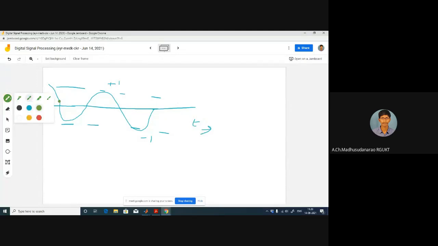I will try to sample this at regular intervals. For example, I will sample this as follows. These are my samples at uniform intervals. Uniform intervals means this gap is the same. The sample to sample gap is the same. I am doing uniform sampling.